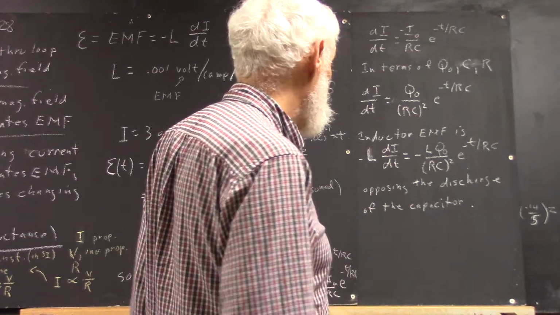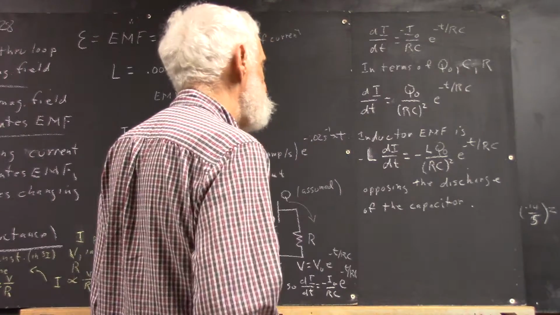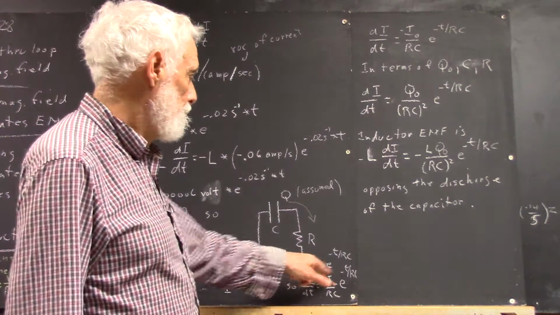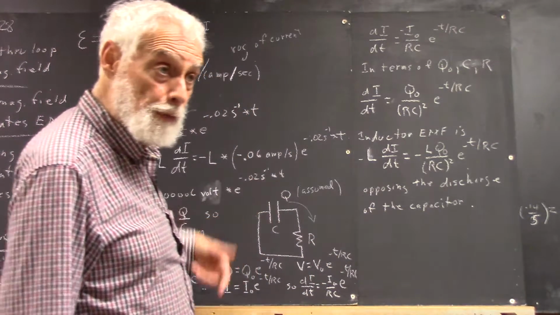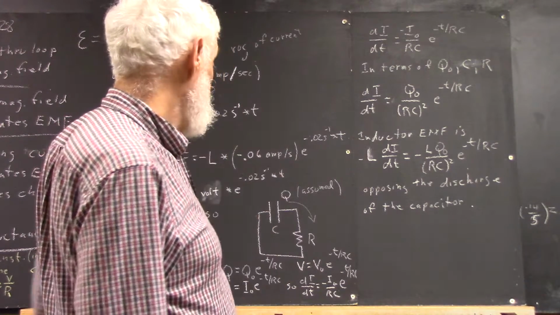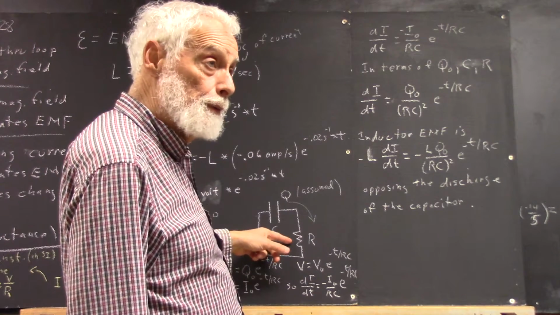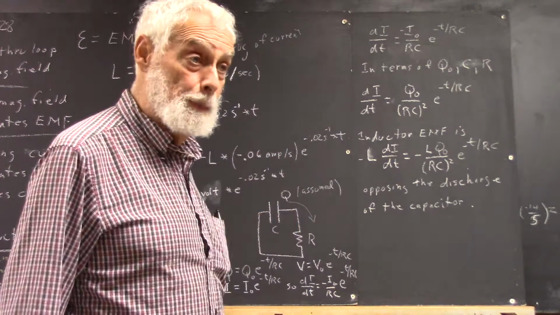Now there's a problem with this, because the e to the negative t over RC, V naught e to the negative t over RC, or Q naught e to, whatever, is based on the idea that your voltage drop across the resistor is equal to the voltage drop, the increase in voltage across the capacitor.